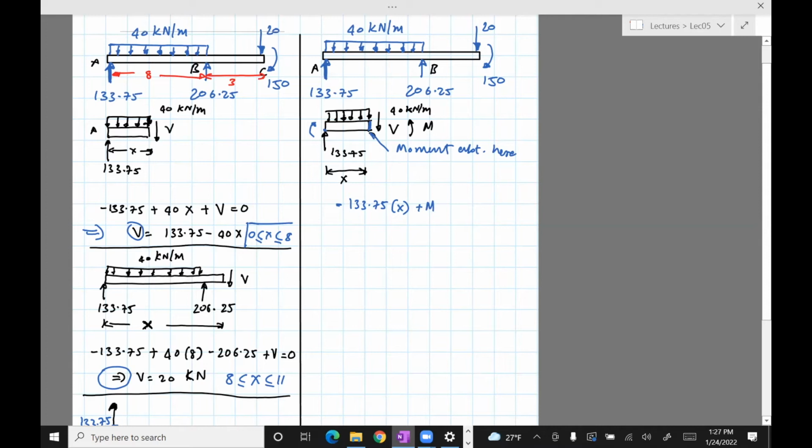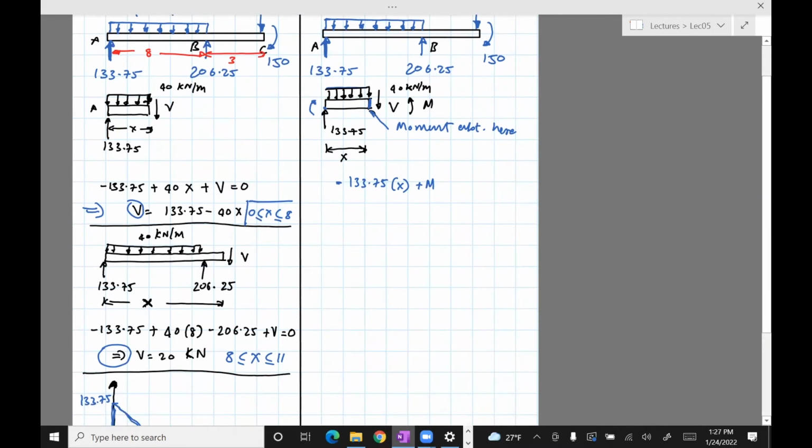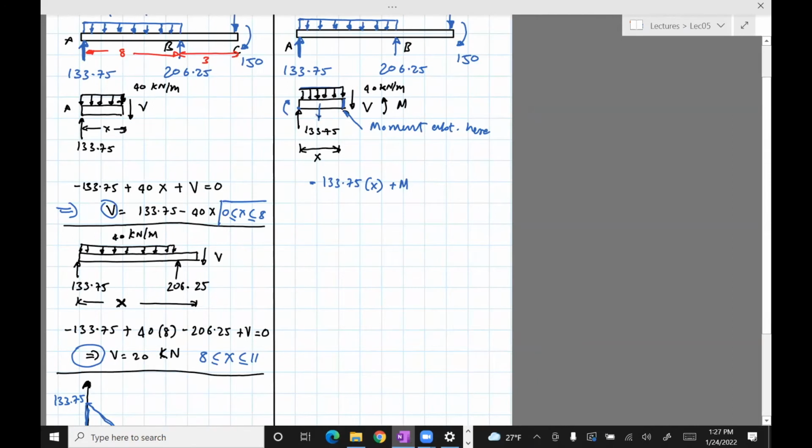And then I need to find the moment due to this distributed load. Now, what you can do is the same thing we did for the reaction forces. We can assume that the force acts at a point which is midway on that section. So in this case, the force would be acting here, right midway on that part of the beam we've considered.